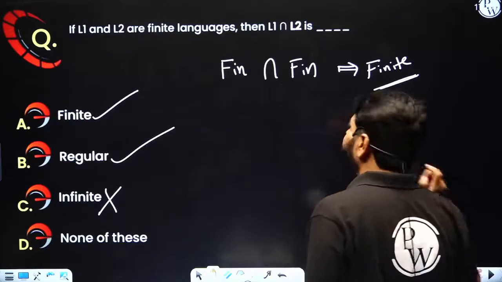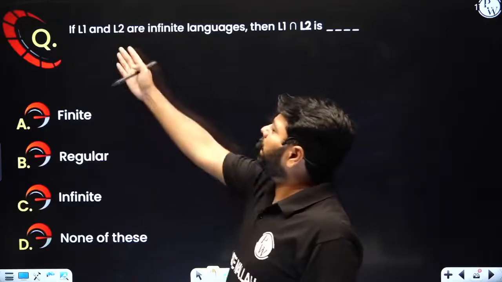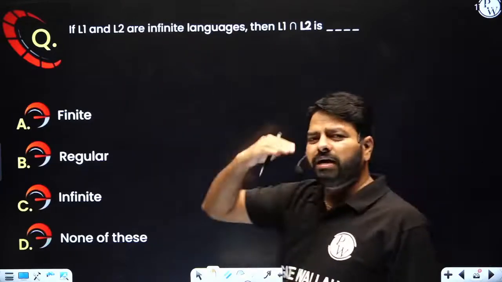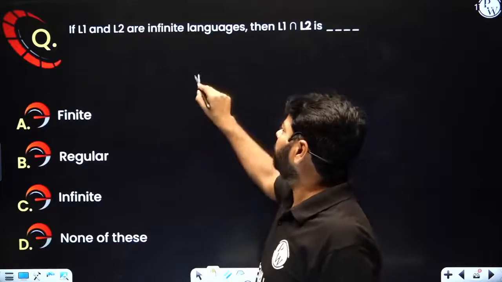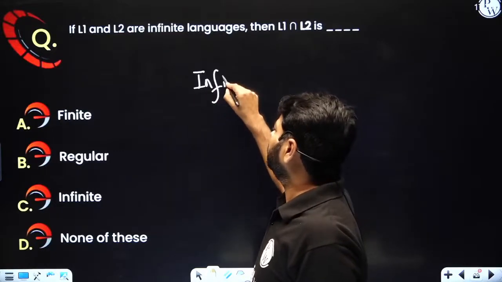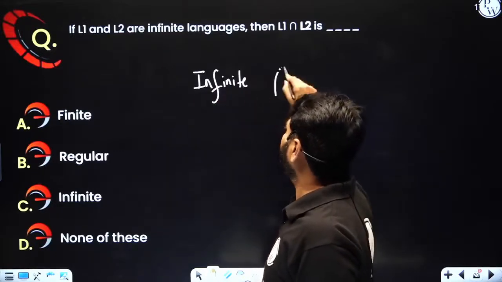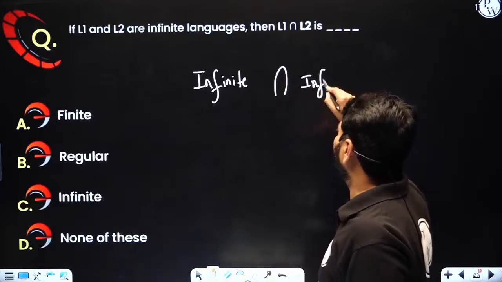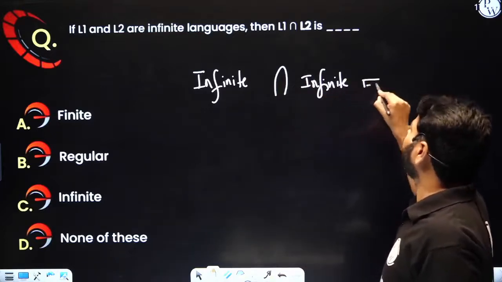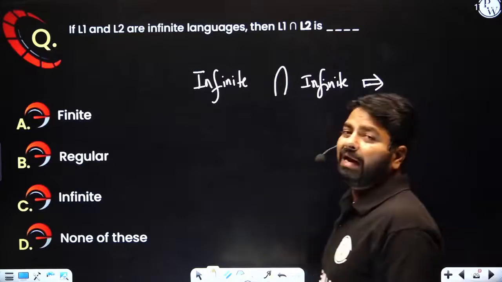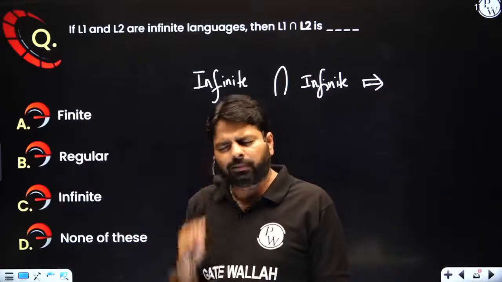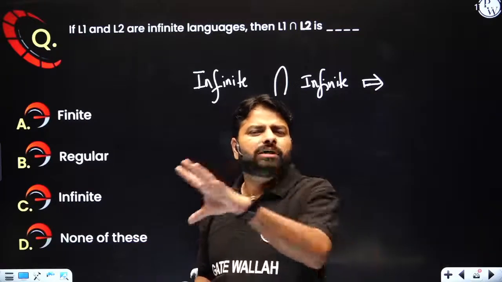Let's move on. Next, if two languages are infinite, then what is their intersection? Now think about it: infinite set intersection infinite set, another infinite set. We should not blindly assume that the result is infinite. Think about whether you get any possibility of finite.